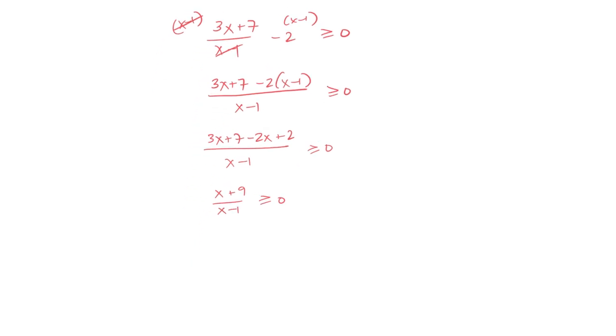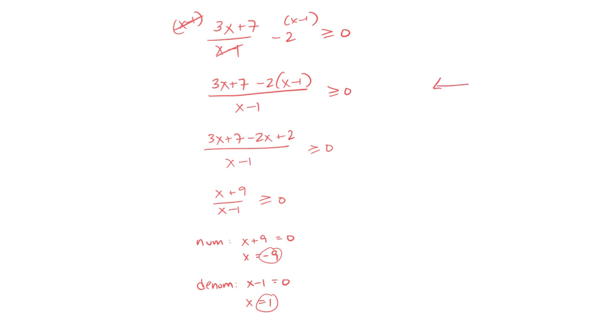So now, when I have this final fraction and I have the 0 on the right side, I'm going to set my numerator equal to 0. So x plus 9 equals 0, so x equals negative 9. I'm going to set my denominator equal to 0, x minus 1 equals 0, so x is 1. So these become my key points.